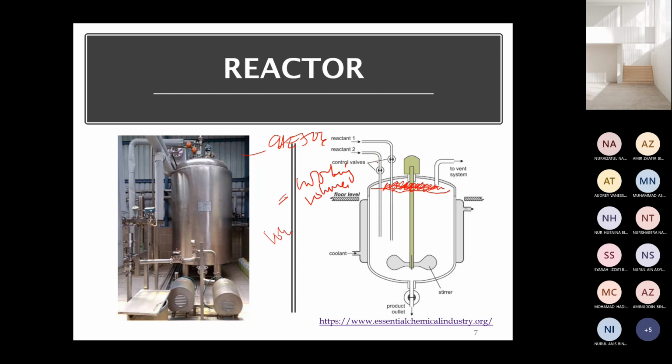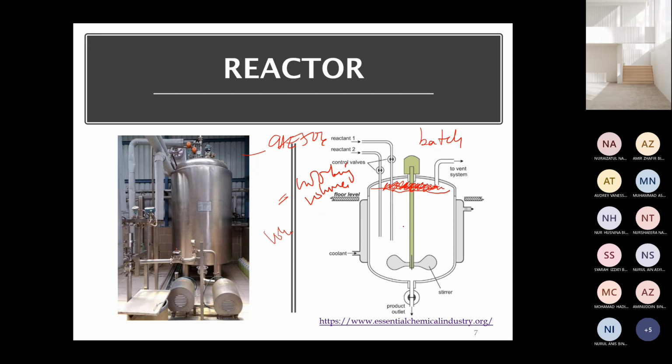In order to know whether it is a batch or continuous mode of reaction, it depends on how you control the control valve. Let's say it is a batch reactor. It means that before the reaction occurs, you allow the reactant to go inside the reactor, and this product outlet, you need to close it. So you feed it for a specific duration, and then you close it back to let the reaction occur inside the reactor.